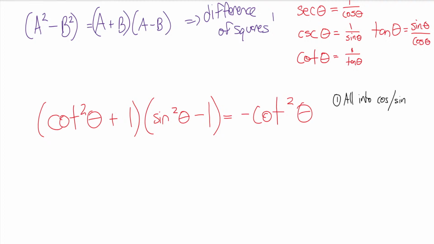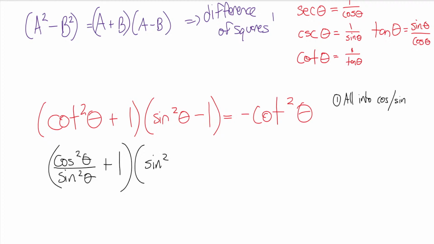So cotan is what? Good. And what does it mean that I put that little 2 there? Yeah, the whole thing, right? So this is cos squared theta over sine squared theta. You with me? Plus 1. And then sine squared theta minus 1.